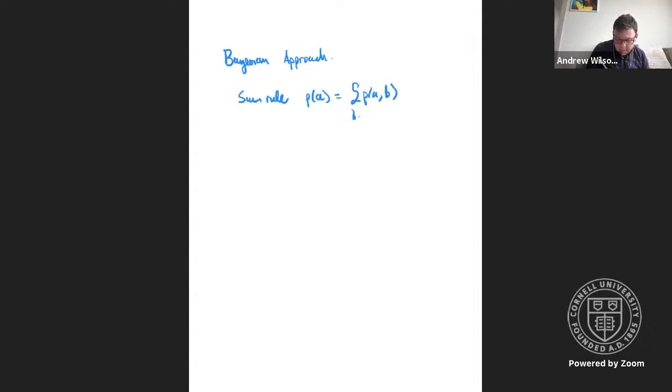If we're talking about a continuous distribution, and that's really what we've been talking about in this running regression example, then this would be for discrete.